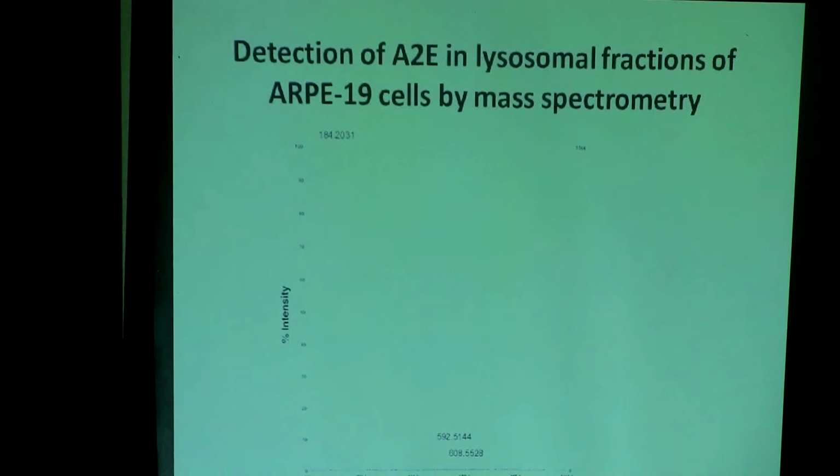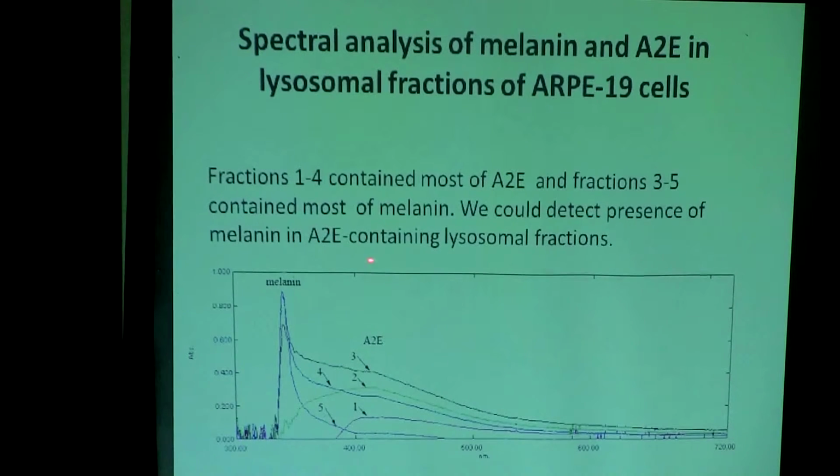Also, in the same fraction, you can see the presence of A2E. 592 is the A2E m/z ratio, and 608 is the furan form, the oxidized form, in each major.